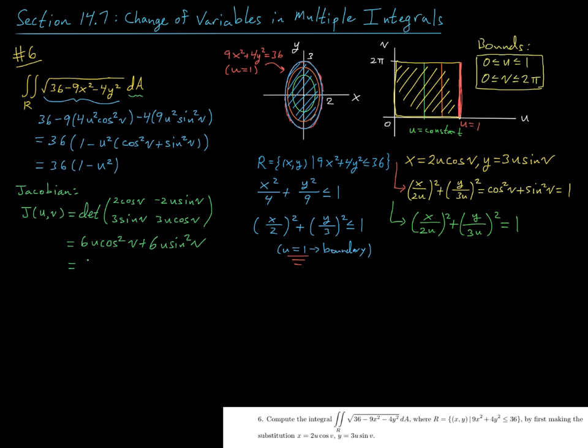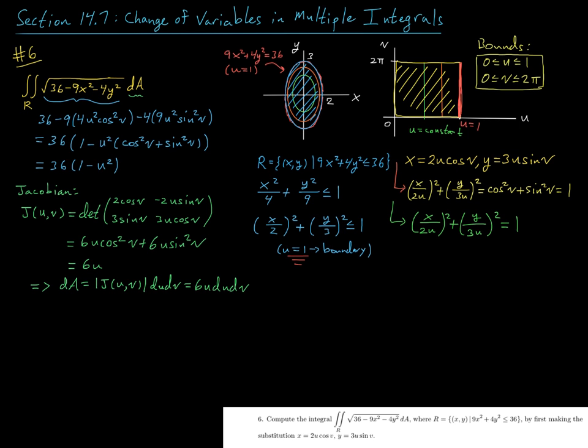And notice that will simplify just to 6u. So what does that imply? That says that dA, our area element here, is going to be the absolute value of our Jacobian times du dv, and in this case that is going to equal 6u du dv. This feels like r dr d theta in polar, except we're getting this extra factor of 6, and notice that's just the product of 2 and 3.